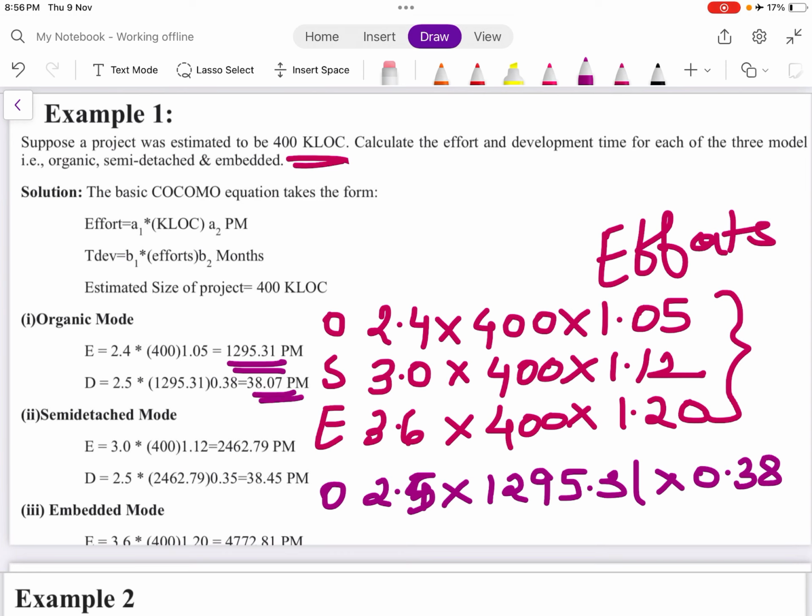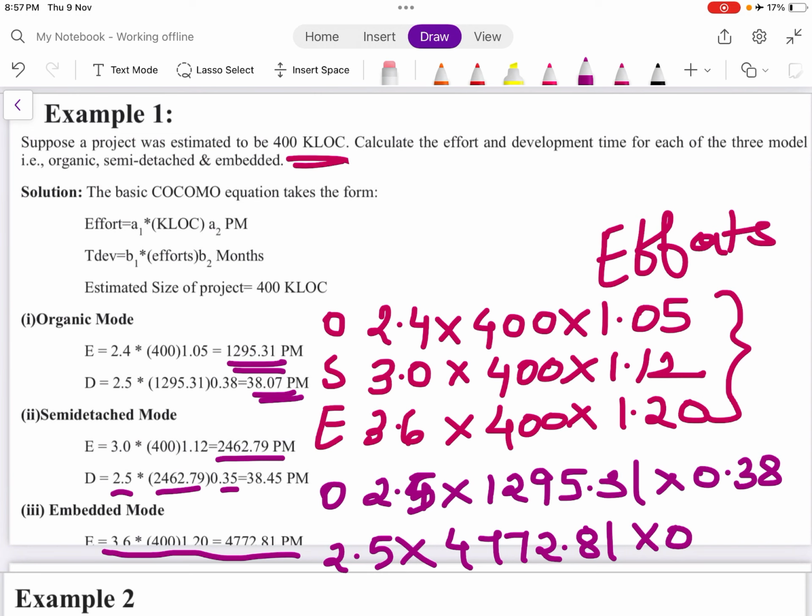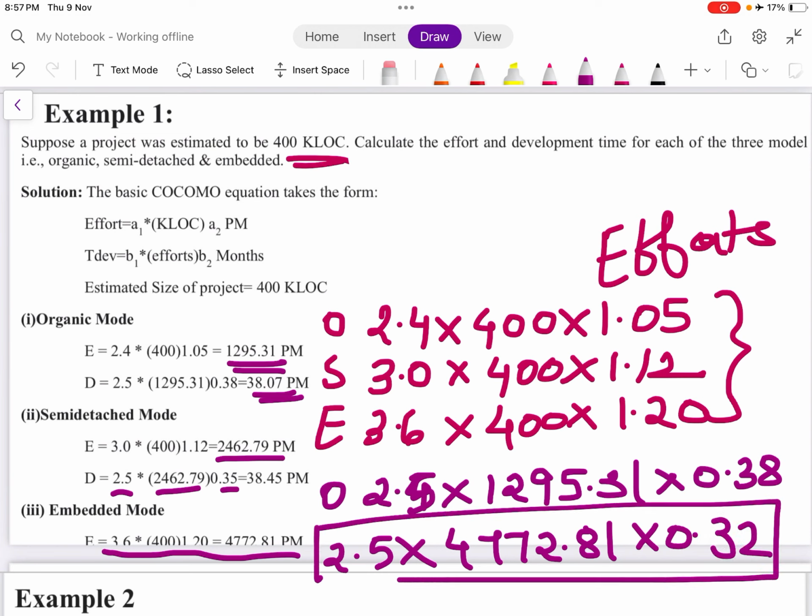That is your development time. Again over here, 2.5 into effort, whatever you got, to the power 0.35. Here also you will do the same: 2.5 into effort, which is 4772.81, to the power 0.32. Whatever you get, that is your development time.